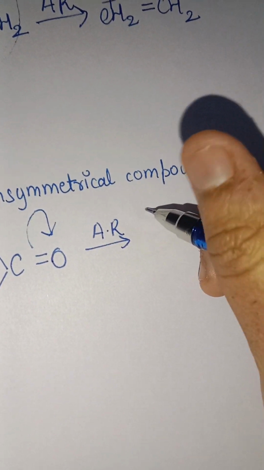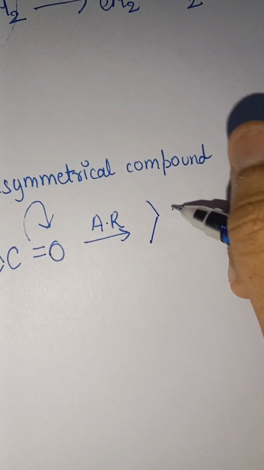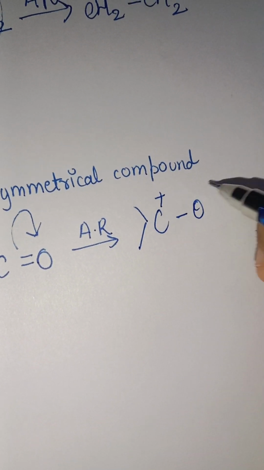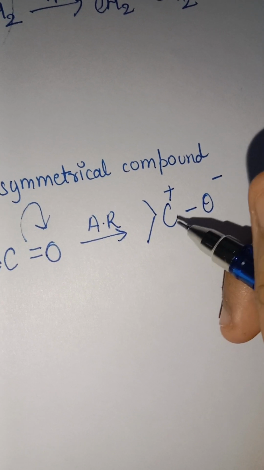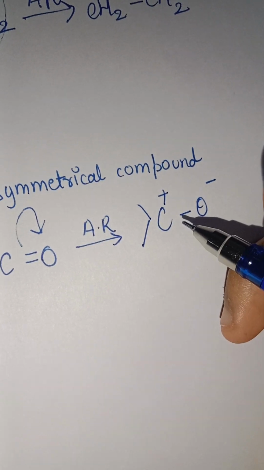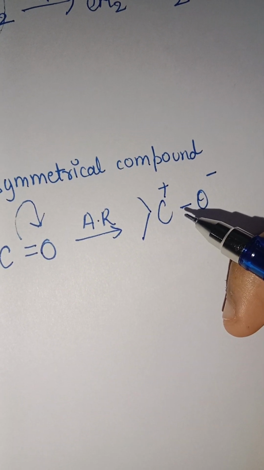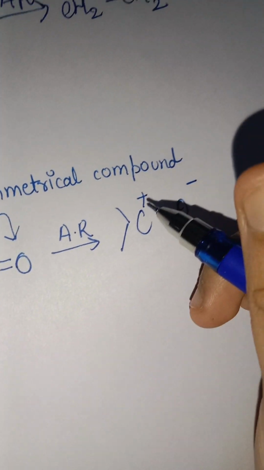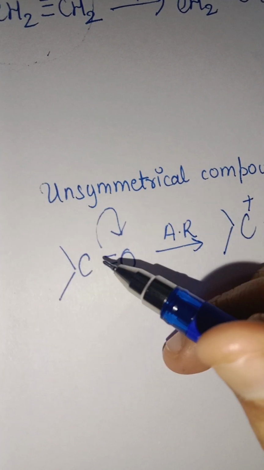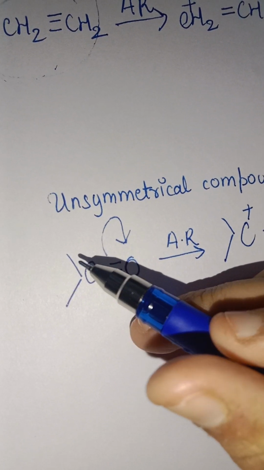It will be something like this. You can see this is oxygen, it is more electronegative as compared to the carbon. So obviously if something is more electronegative, it has a higher tendency to attract the electrons, right?